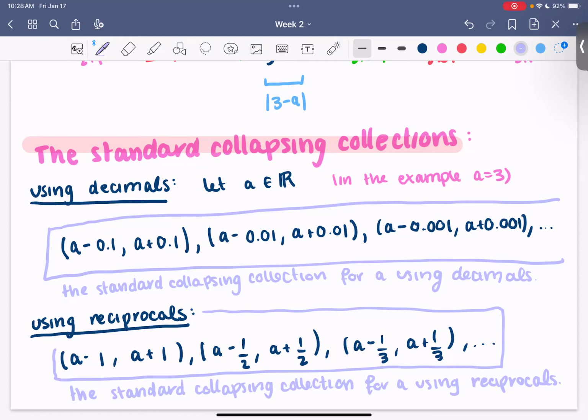Okay, so these are sort of the two standard ones that will be a starting point to find other collapsing collections. Are there questions about these?